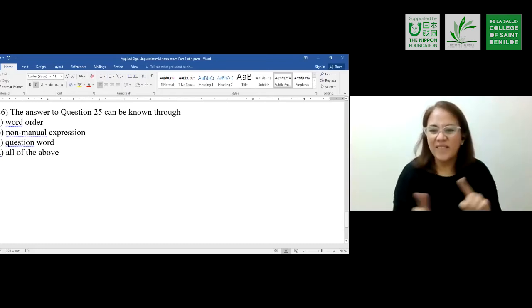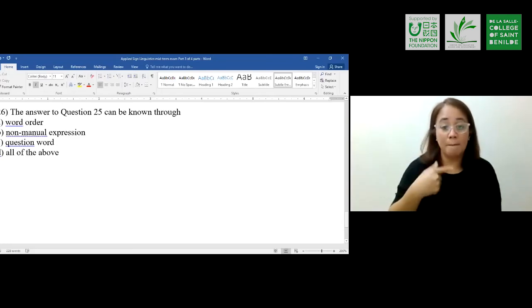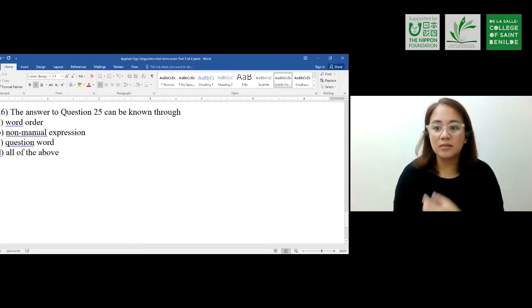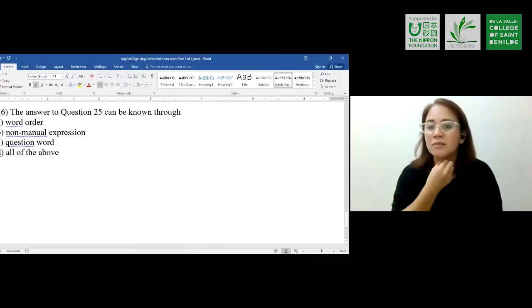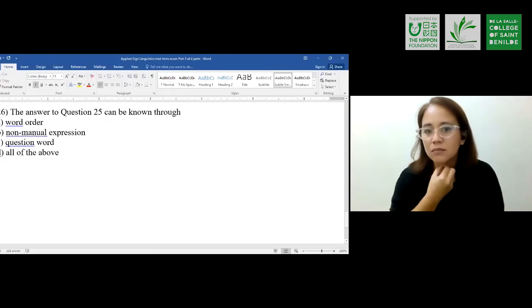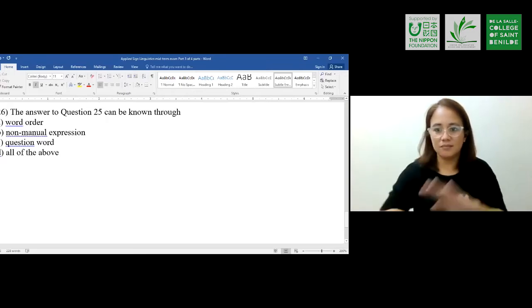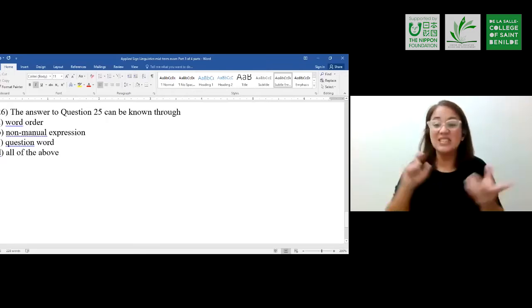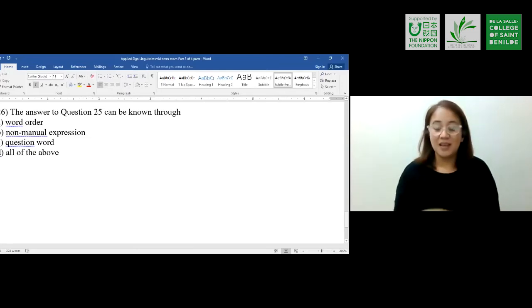So anyway, in Providence Island, they have a sign for iguana. Two signs. The oldest sign is this, where the head moves. And the newest sign is where only the hands move. So that's a typical kind of change, but the fact that you have the head moving, that's non-manual also. Okay?